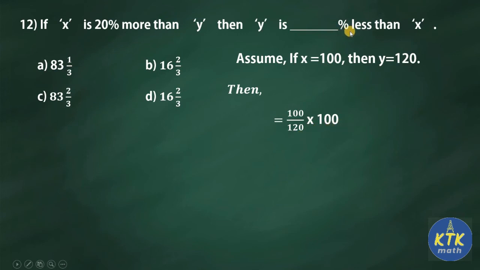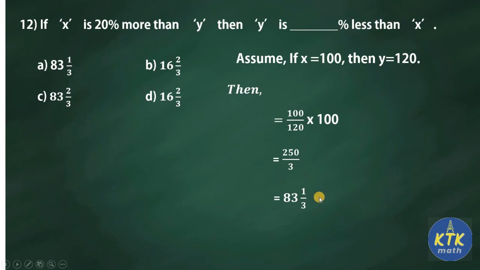Because in the question they are asking for percentage. Clear? Now you can cancel these numbers and rewrite them in terms of mixed fractions. When cancelling, you get 250 by 3. Rewriting it as a mixed fraction, your answer is 83 1 by 3. So do the cancellations properly, and you can get the correct answer.